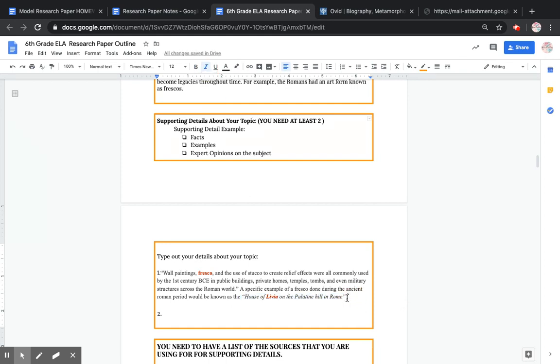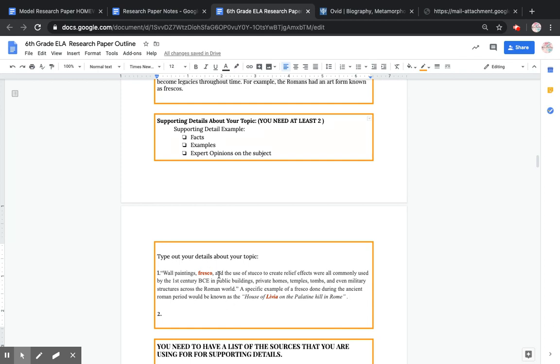So I'm going to go there, I'm going to unitalicize, and then to add to this detail about my fresco that I'm talking about, I'm going to add that whole entire quote. So I put, for example, the Romans had an art form known as frescoes.